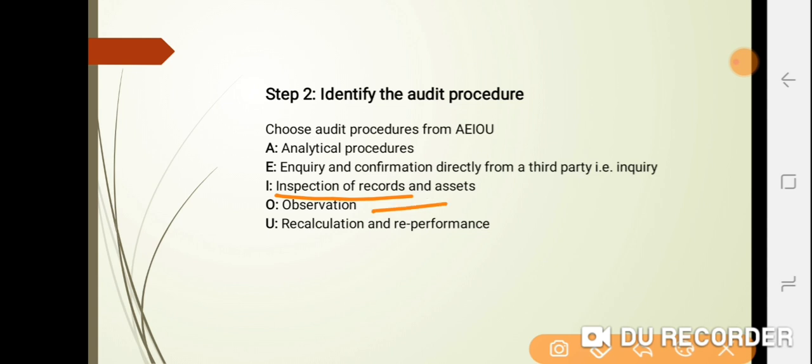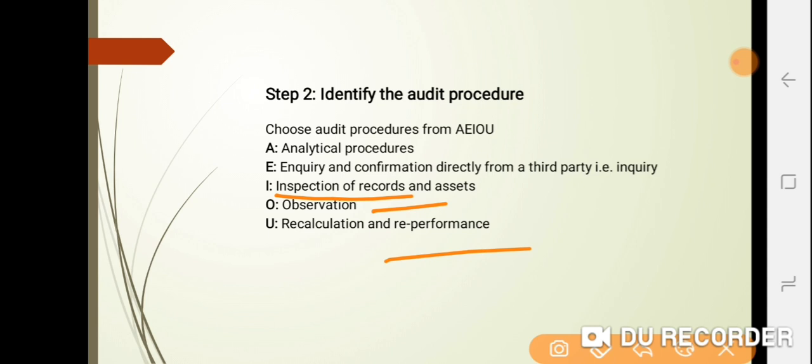Then we have observation. Observation of the application of a client's entity policies or procedures provides assurance of that procedure at a given point in time, but not necessarily of its performance at other times during the year. Okay, then recalculation and reperformance.